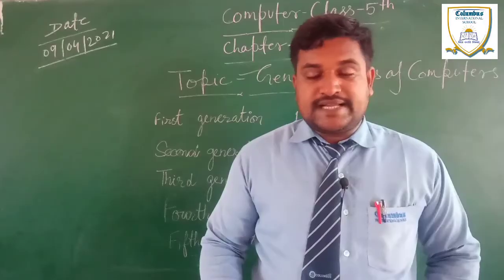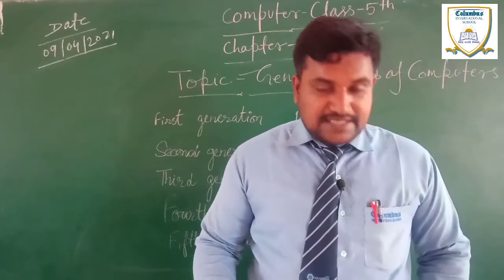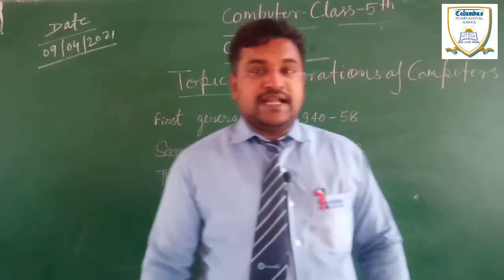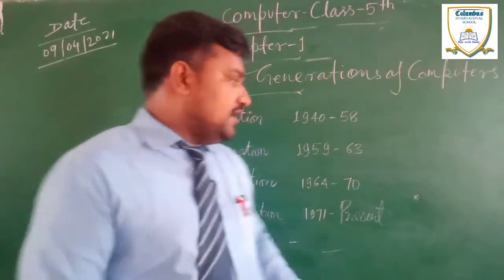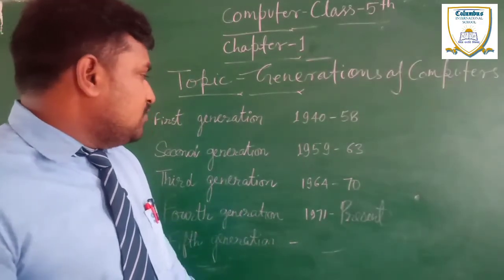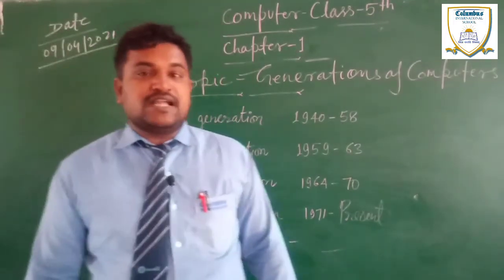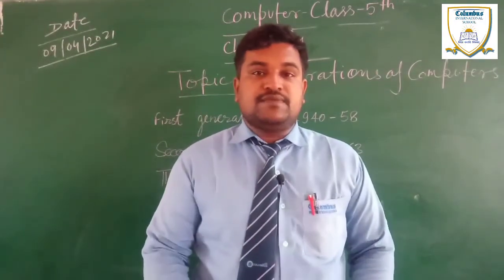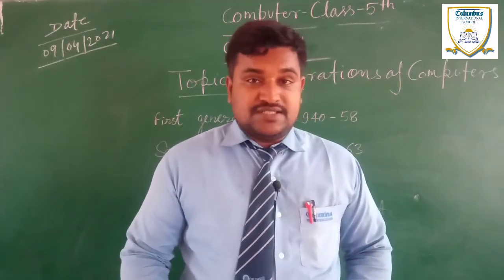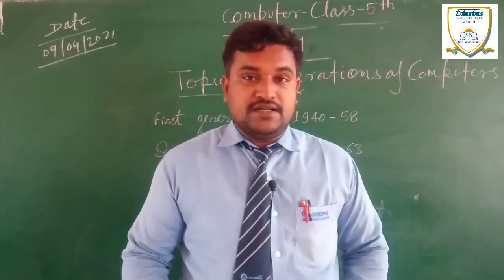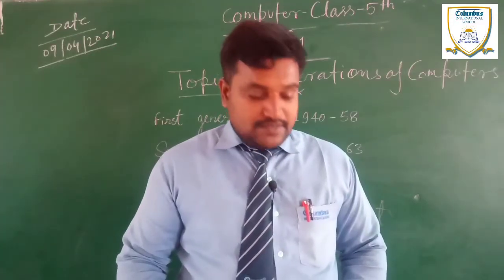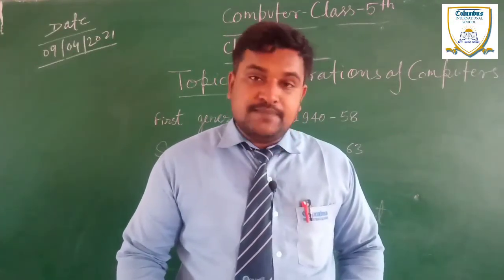Now we will go to the second generation of computer, which started in 1959 and went to 1963. Let me describe the characteristics of the second generation. Transistors were used as the calculating device, the first and major change, and computers were smaller in size than the first generation.